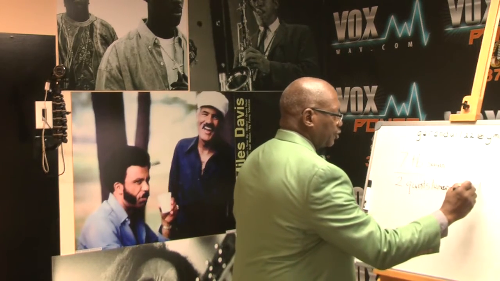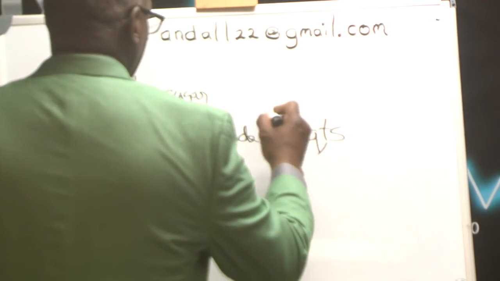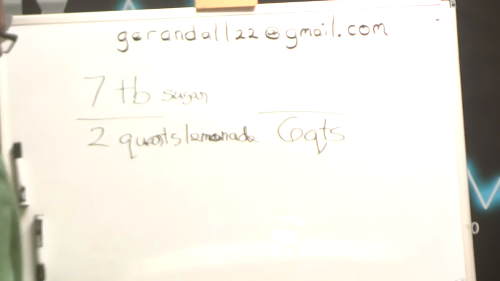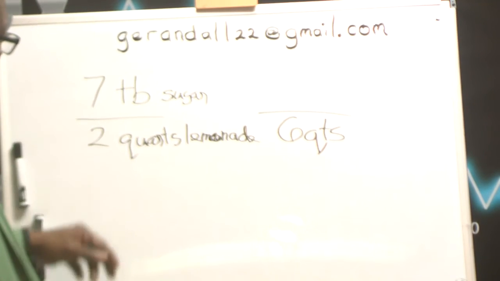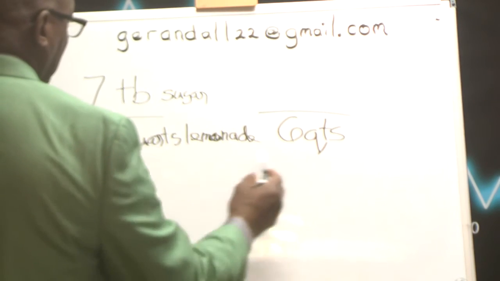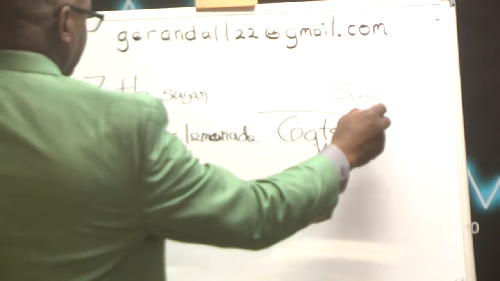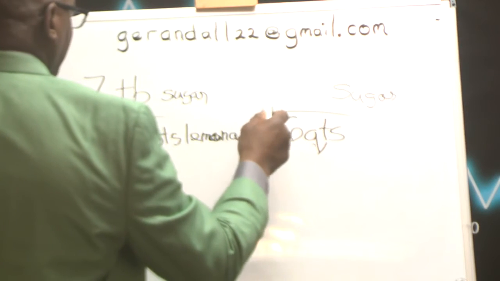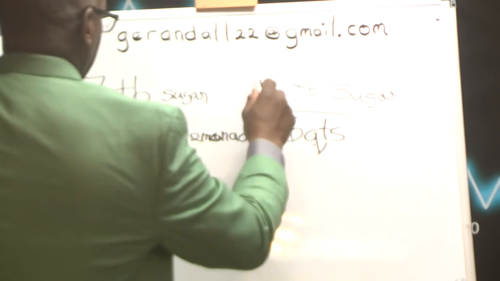And it says, how much sugar will you need if you make 6 quarts? Notice, in this ratio, I put the quarts as the denominator, and we don't know how much sugar, right? That's the question mark.